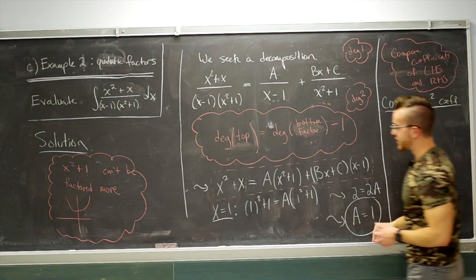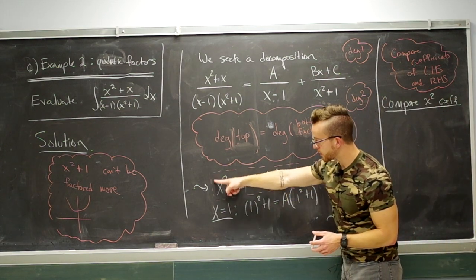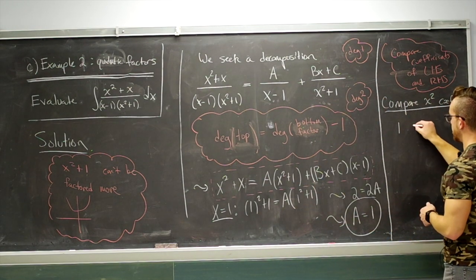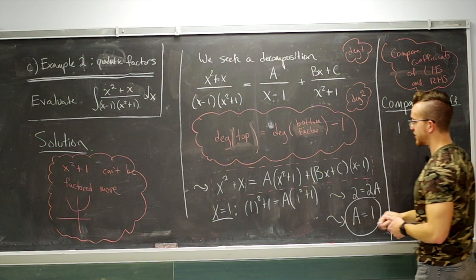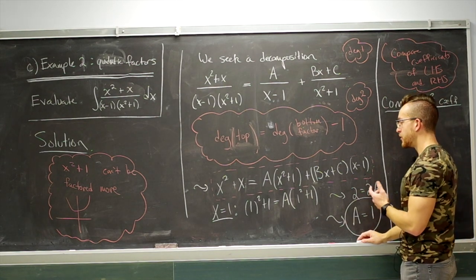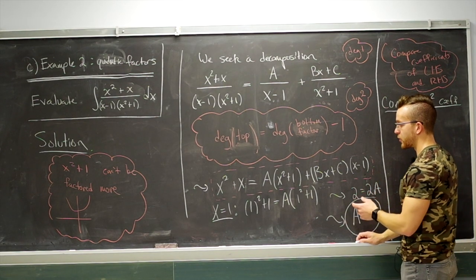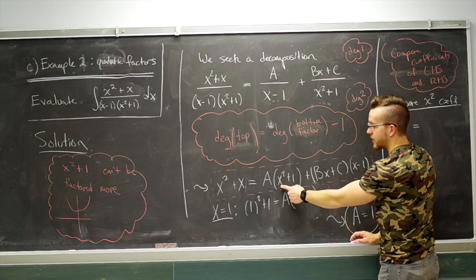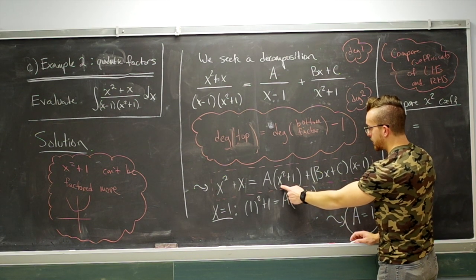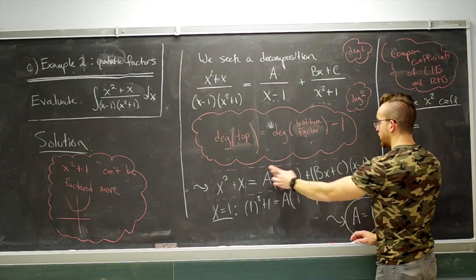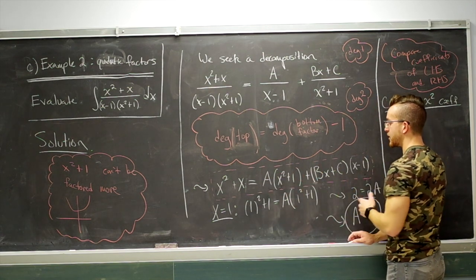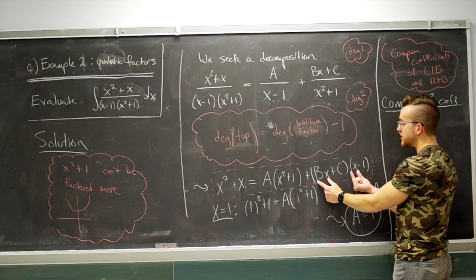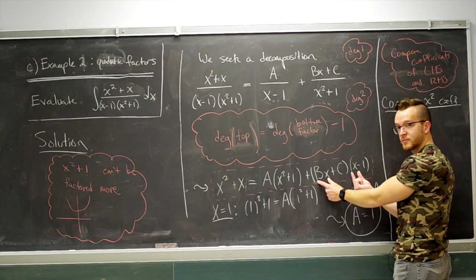On the left-hand side, the coefficient in front of x squared is just 1. On the right-hand side, we have to think a little bit harder. What's the coefficient of x squared? Well, here we can get an ax squared. The only other way on the right-hand side to get an x squared term is from the product of bx and x.